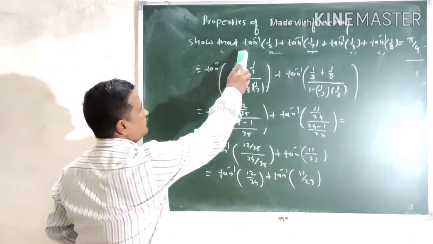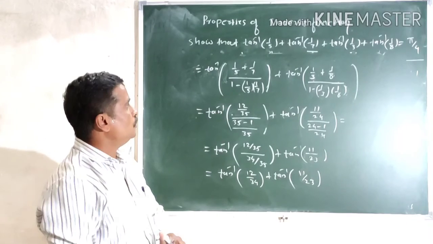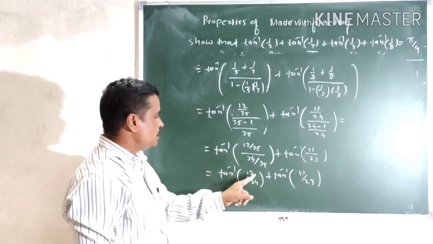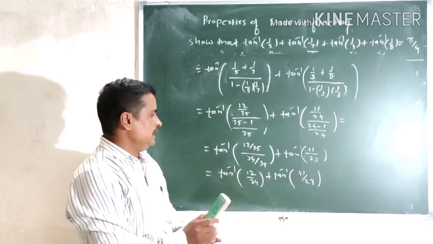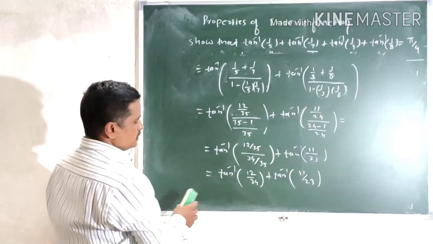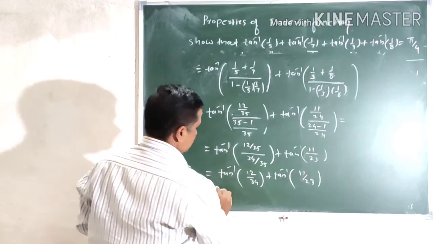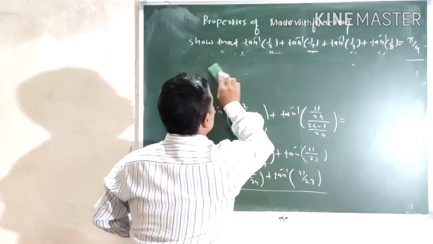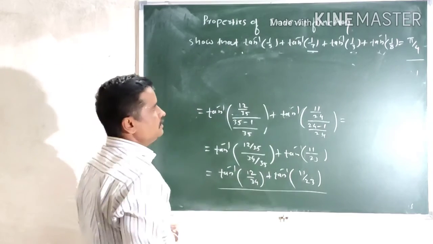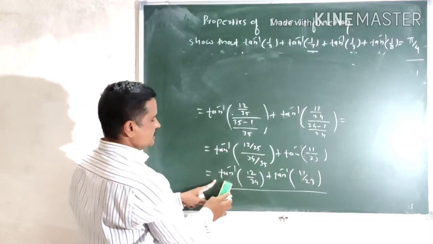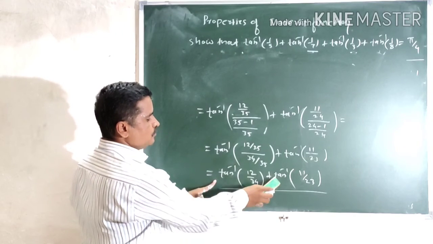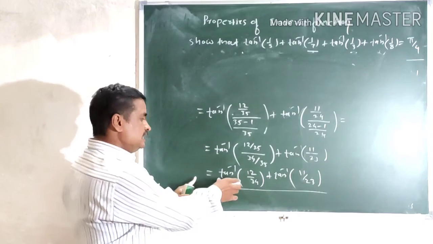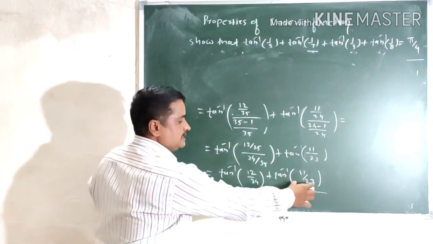So the value of these four angles, tan inverse of 1 by 5 plus 1 by 7 plus 1 by 3 plus 1 by 8, is nothing but tan inverse of 12 by 34 plus tan inverse of 11 by 23. But again it is in the form of tan inverse of x plus tan inverse of y.